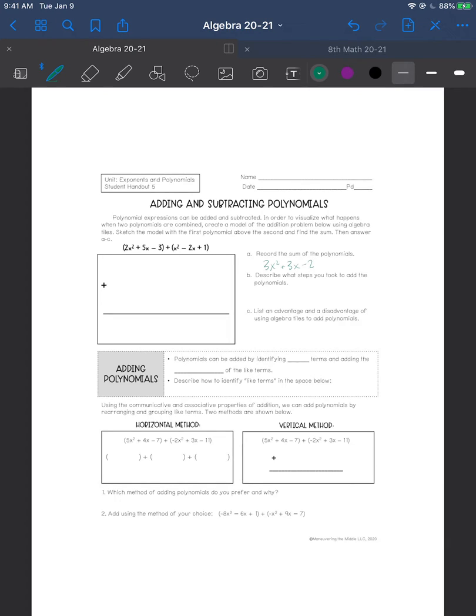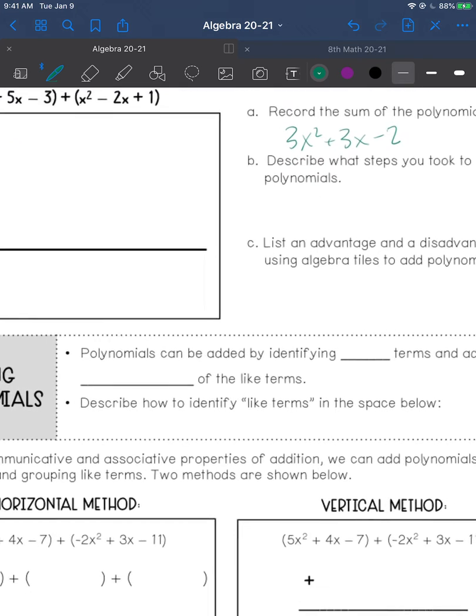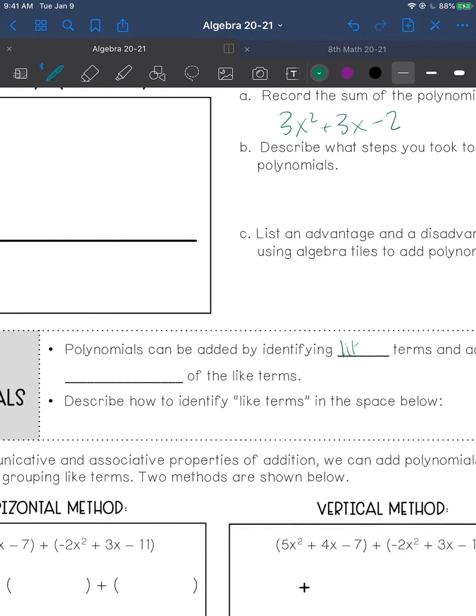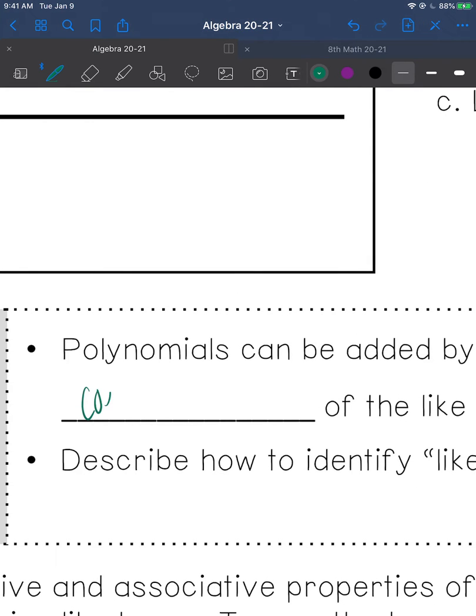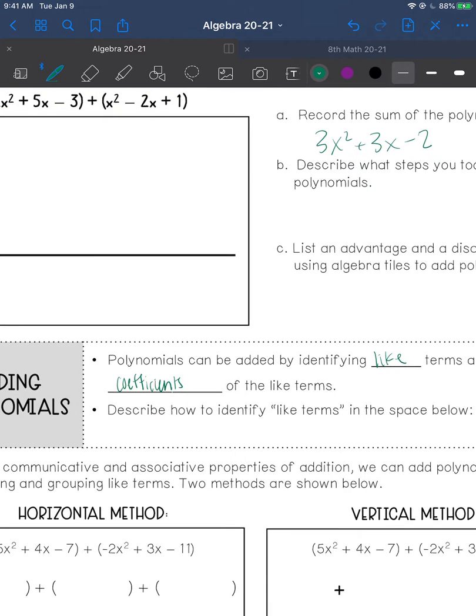Okay, polynomials can be added by identifying like terms and adding the coefficients. So when we combine like terms, we just add the coefficients. How do we know if something is a like term?